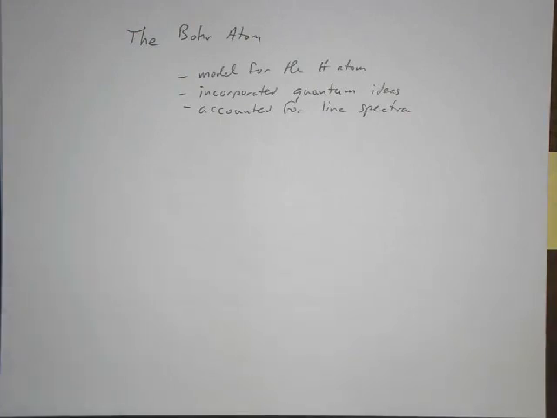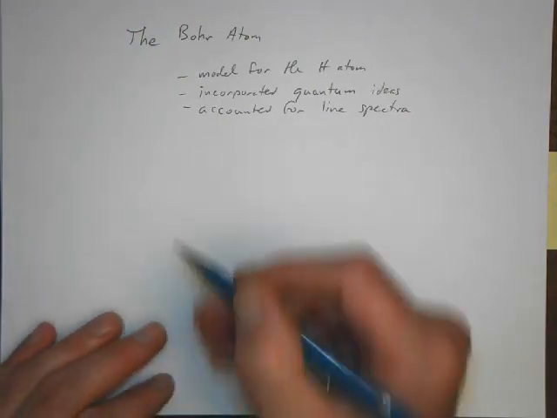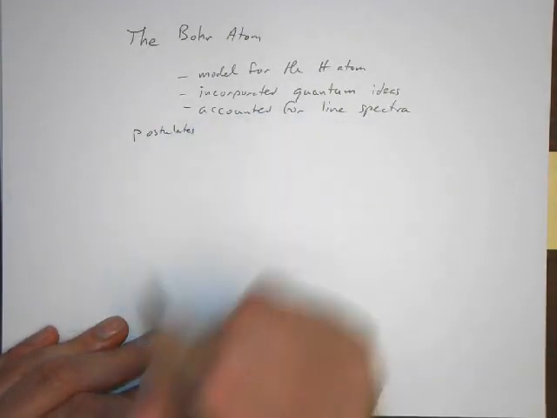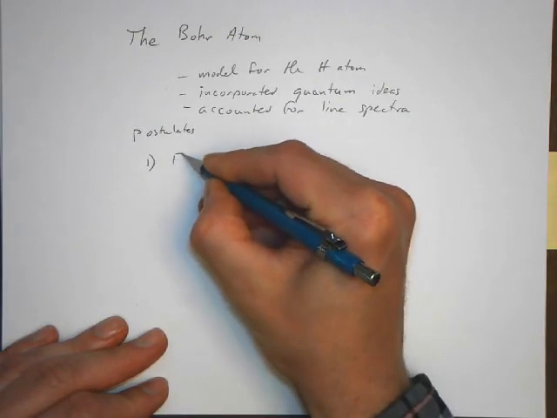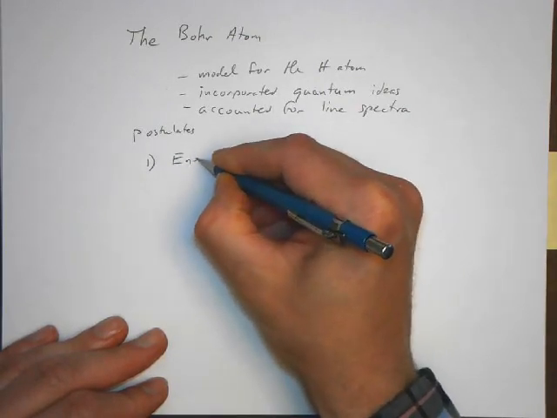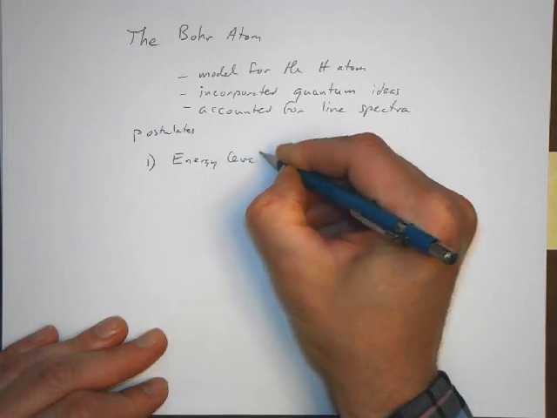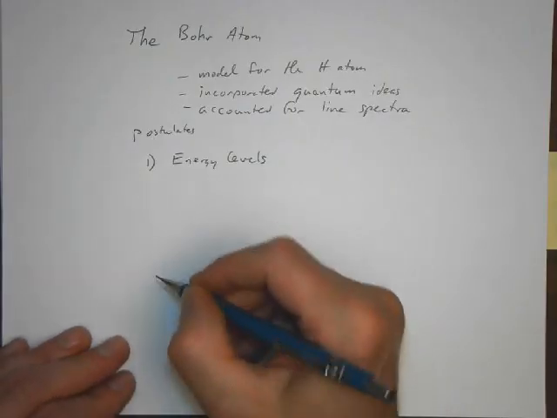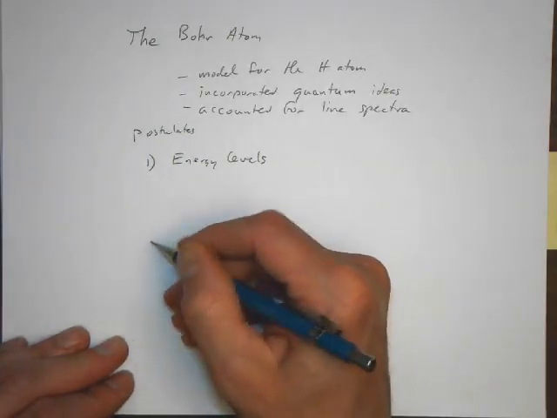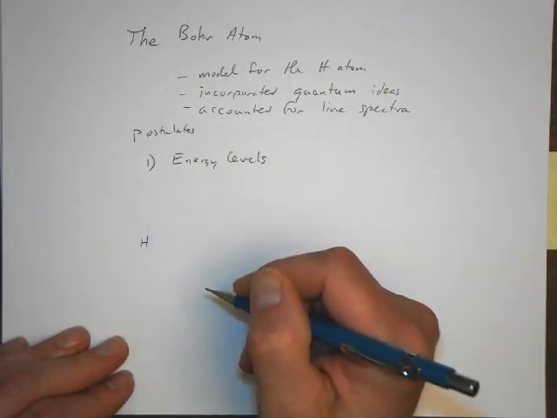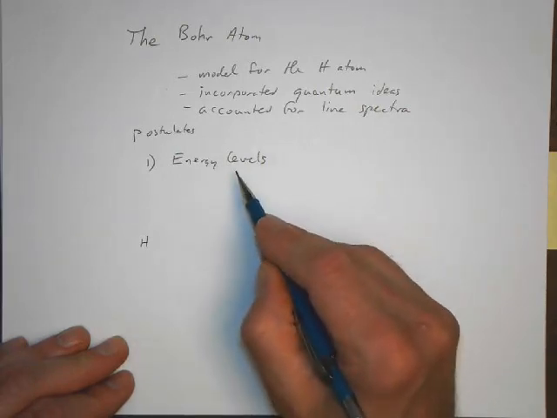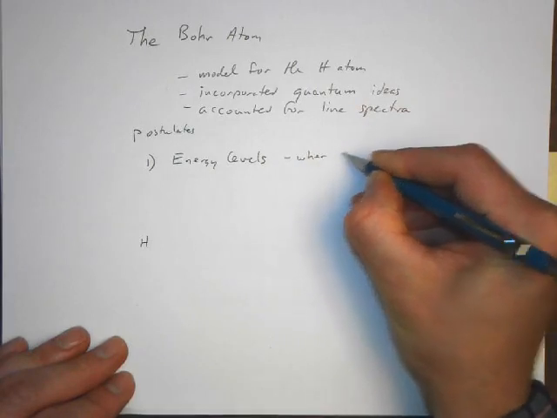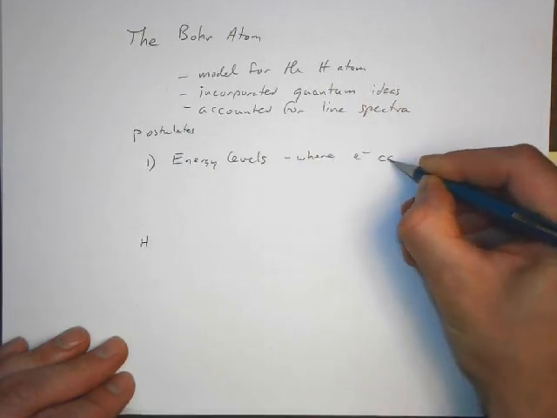All right, so the Bohr model looks like this. There are several different postulates that work with the Bohr model of the atom. Number one is that there are energy levels. The idea is something like this. You have the nucleus, and these energy levels are where electrons can exist.